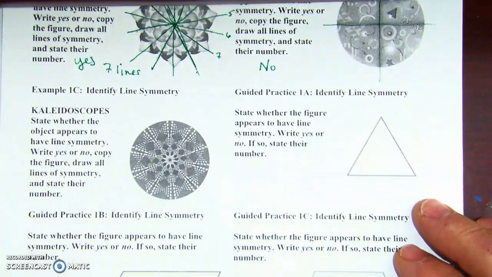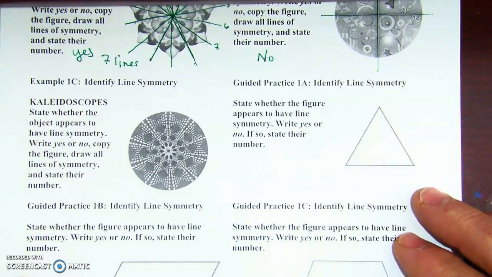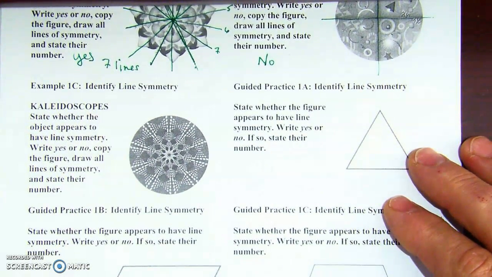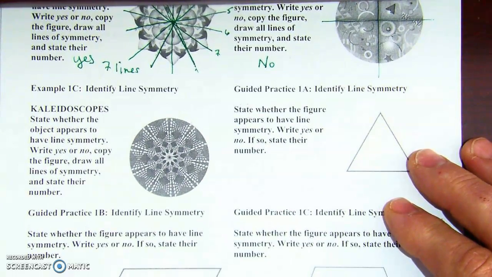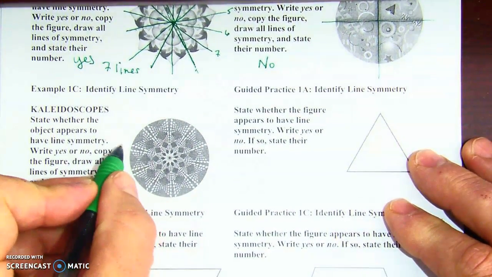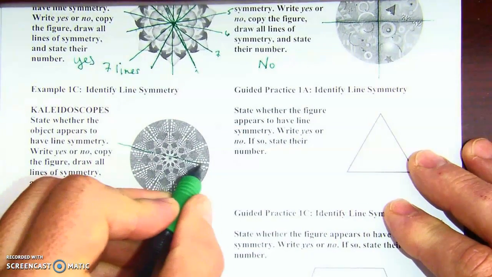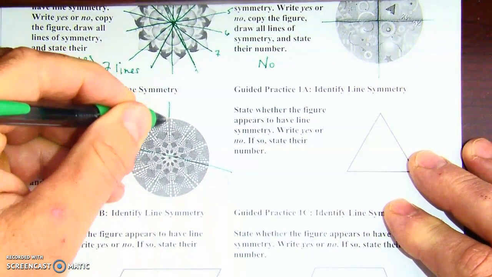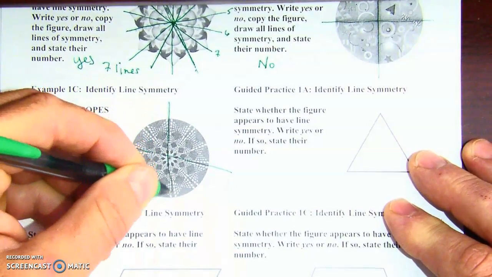Going down to this one. Let's check out this one here. So let's identify this kaleidoscope of this one. What do you guys think on this one? If we were to draw lines through it or fold it in half, we would get something that looks like this. So I'm going to draw through, and I'm not doing very straight lines.